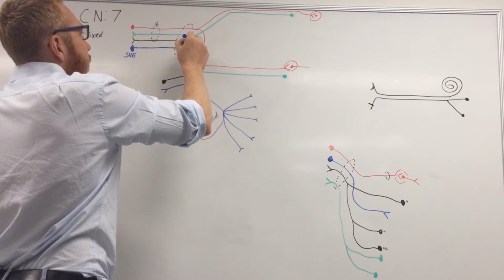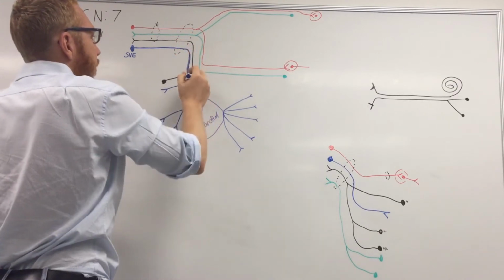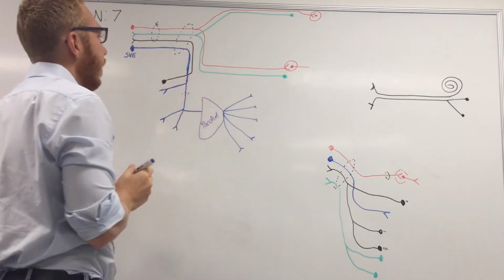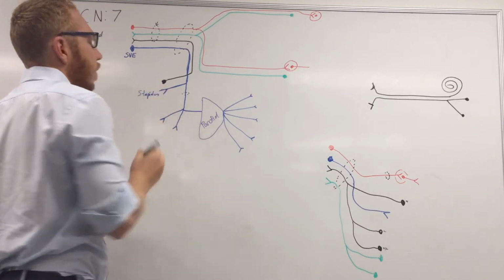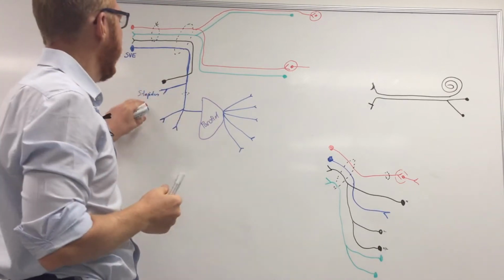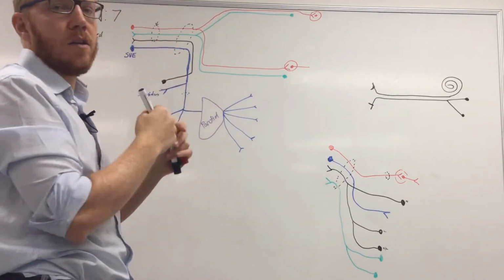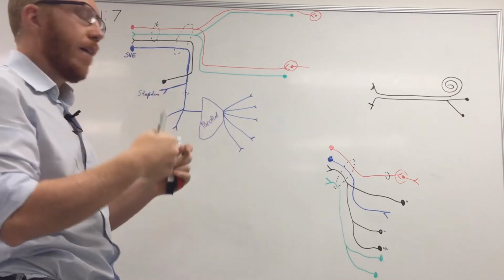Then it will descend down, come in close proximity to the middle ear, where it gives its first motor branch, and that's going to innervate what we call the stapedius. That's the stapedius muscle, which is going to go into the stapes and dull down the amount of sound waves going through. So that's going to help dull really loud sounds.